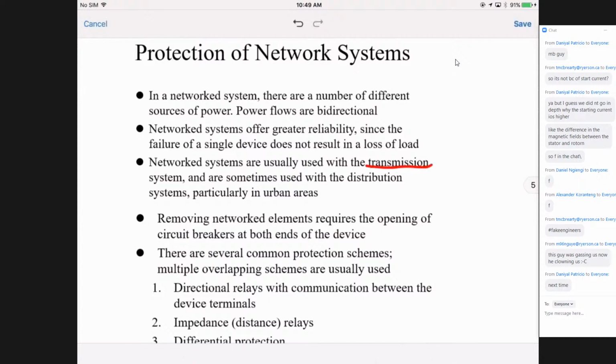Particularly in a transmission line with a very heavy load, there will usually be more than one source. Sometimes it's also in distribution, particularly in urban areas, where you don't want to black out the whole downtown. There's too much economic loss.